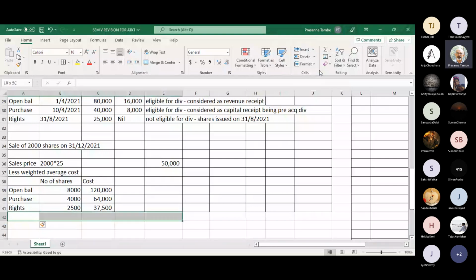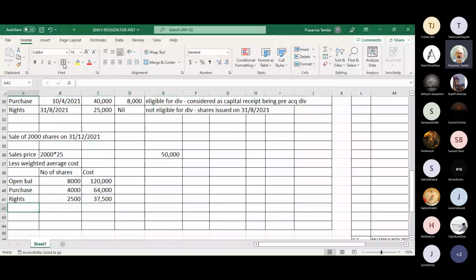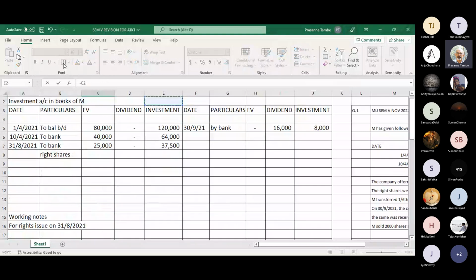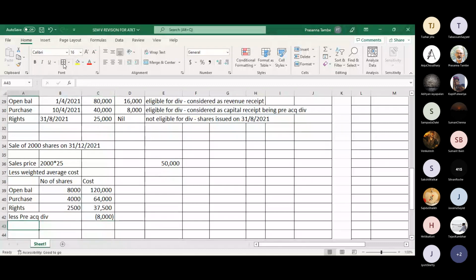Now this cost is actually reduced to an extent. Why is it reduced? Because we have pre-acquisition dividend, so it is credited to investment account, you can see. How much is the pre-acquisition dividend that we have received? It's credited here. It's 8,000 rupees, as you can see. This will reduce the cost of investment. So the net balance is 14,500 shares, and the cost is 2,13,500.